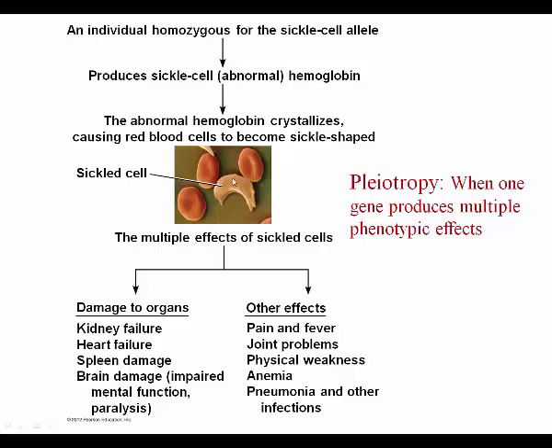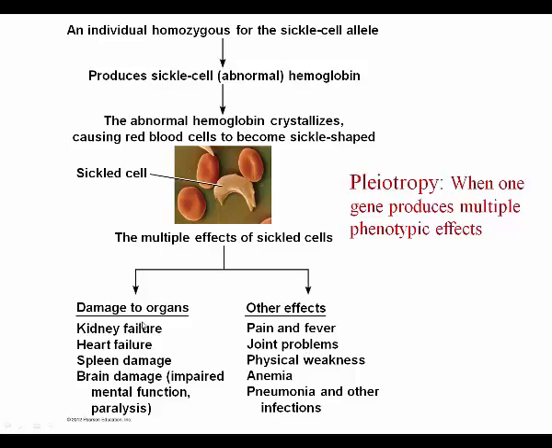Not just the production of sickled cells, but all of the other things that happen when these sickled cells are present. Yes, you have anemia, because the cells are broken down really easily, but you also have all kinds of other effects from the sickled cell shape, pain, and fever because your immune system is reacting to the source of the pain.